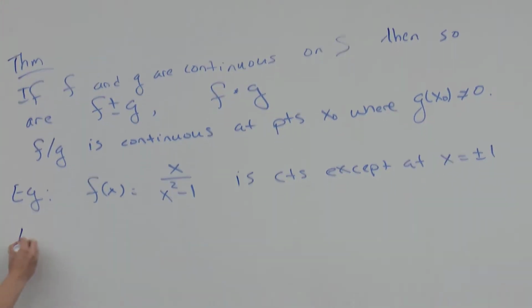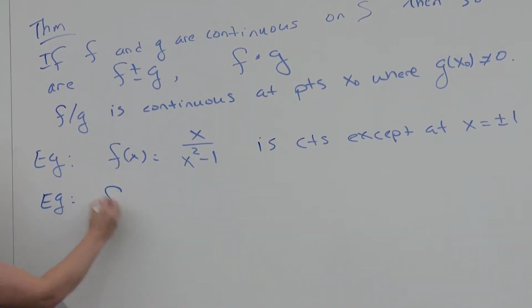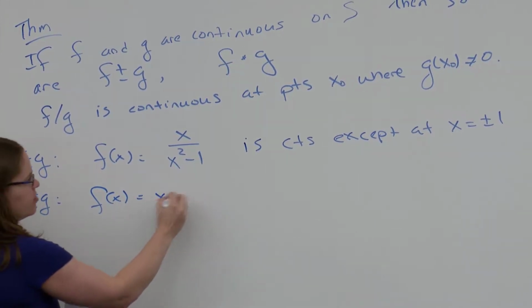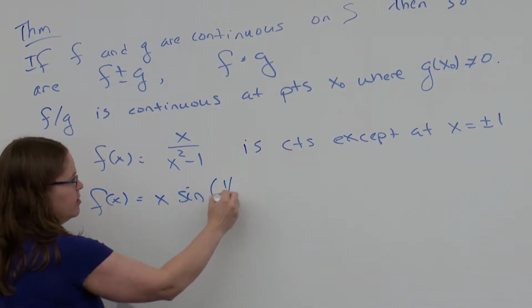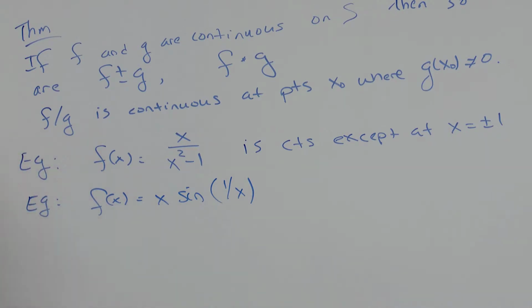Or we could take something like f of x equals x times sine of 1 over x. Where is this continuous? Where is it not continuous? It's not continuous at 0, exactly.